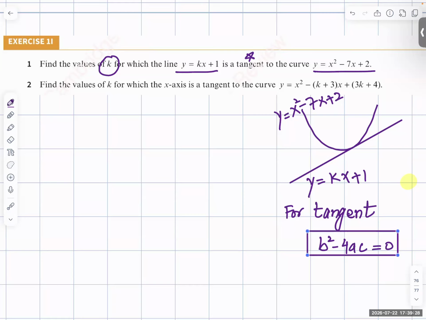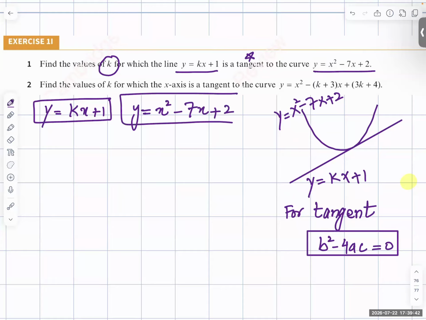Yeah, excellent. So now let's solve them. Y equals kx plus 1 and y equals x square minus 7x plus 2. Right? Let's solve them.